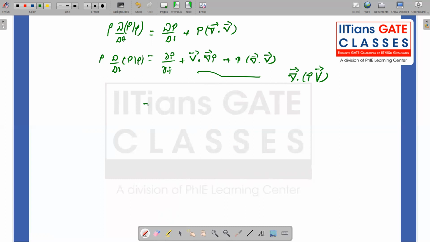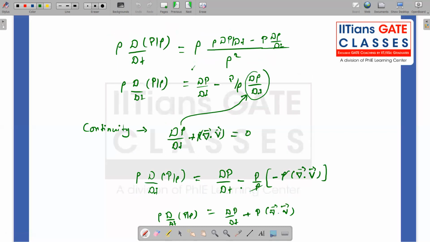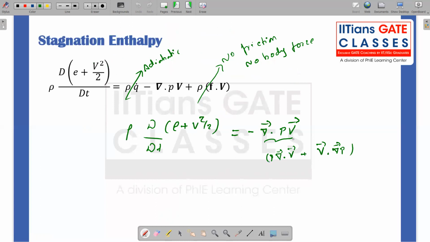So I can write this to be equal to ∂P/∂t plus divergence of pressure times a velocity vector, equal to the left hand side rho d/dt of (P/rho). Let me call this equation 2, and I have my equation 1, which is my energy equation itself.